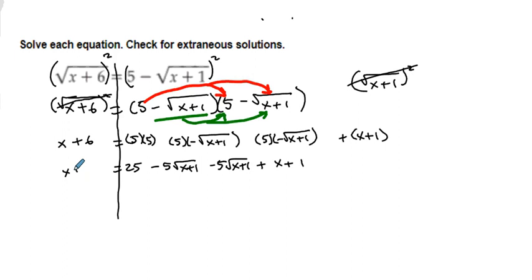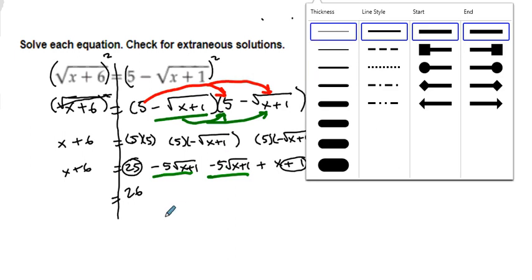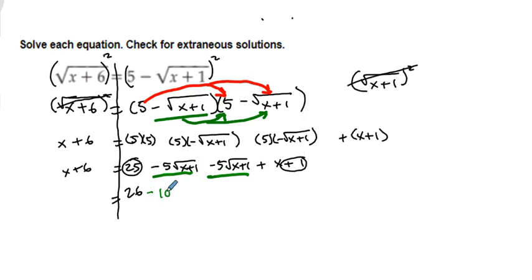It's pretty straightforward. All right, now I can combine this and this to make 26. The 1 and the 25 make 26. And then I can combine this and this to make negative 10.